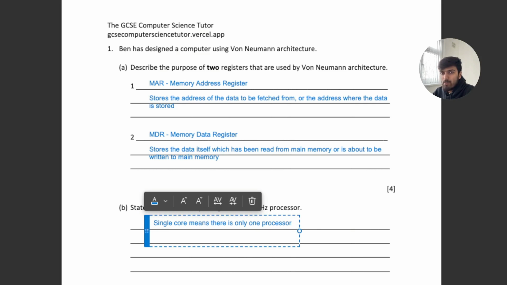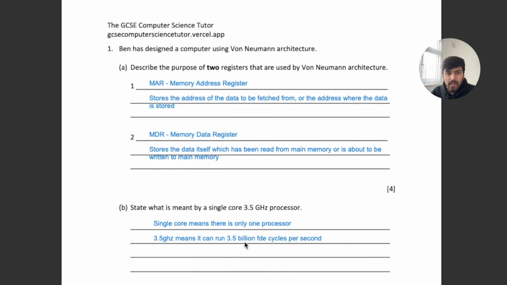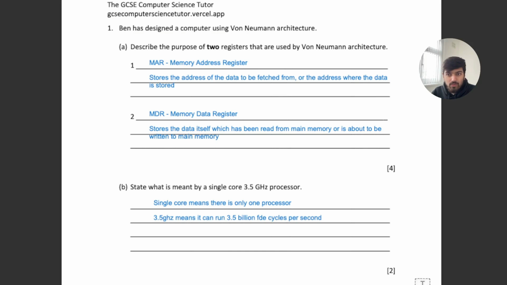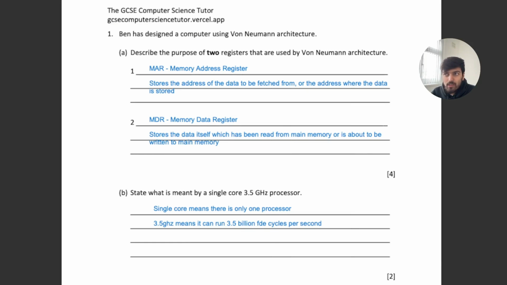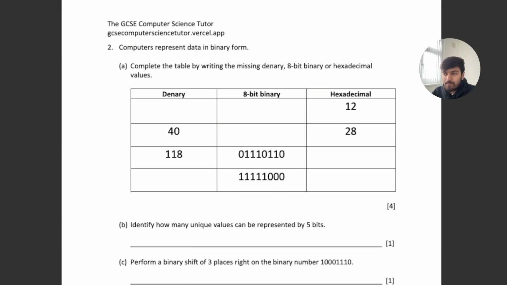And now we have to describe what is meant by 3.5 GHz. 3.5 GHz means it can run 3.5 billion FDE cycles per second. If we had 4.5, that would be 4.5 billion FDE cycles. Hopefully this wasn't too bad, and this was again 2 marks. So let's move on to question 2.